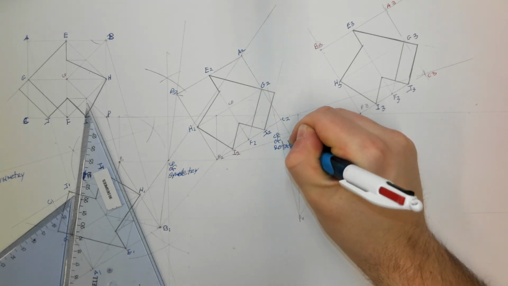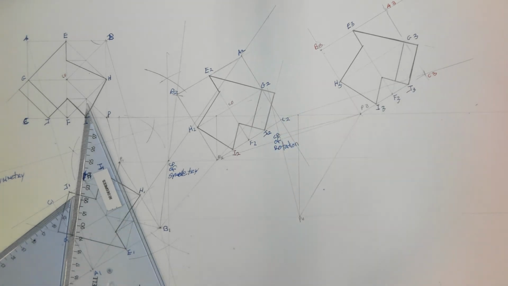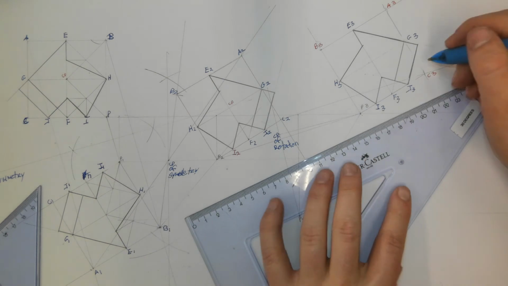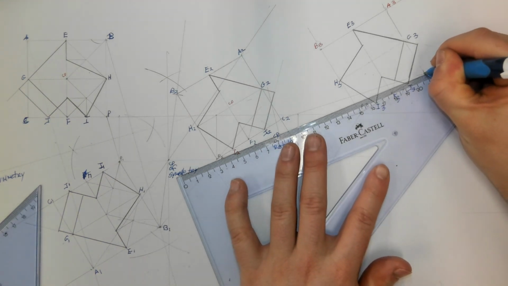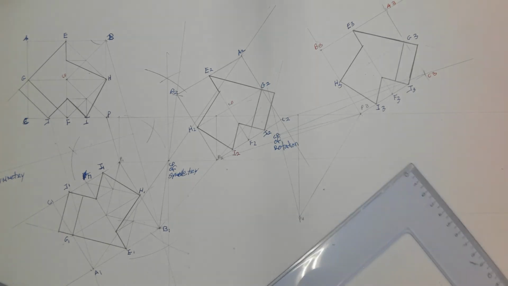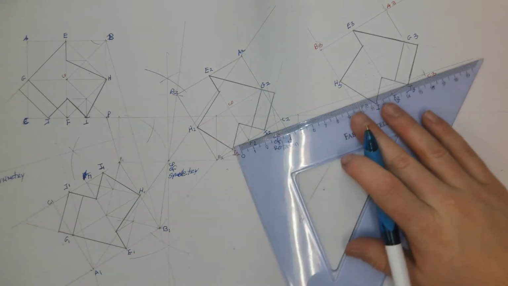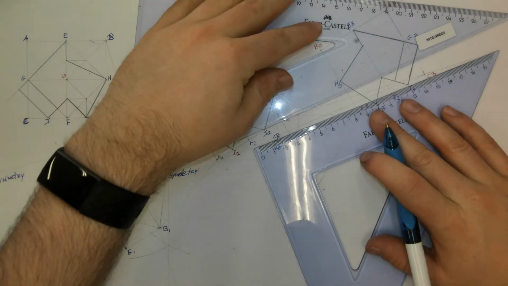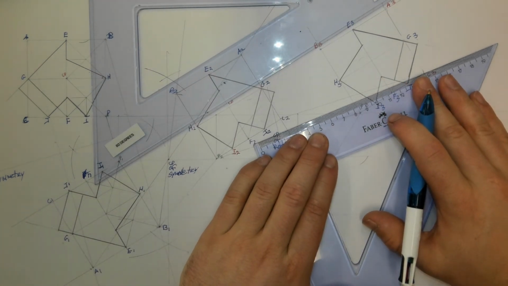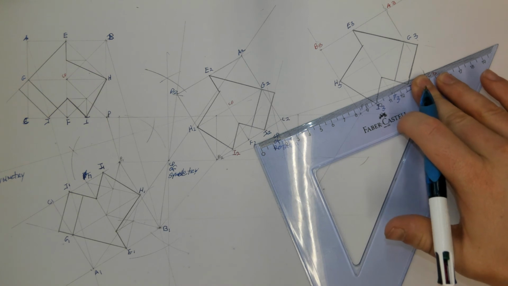Now, as we know, I only need to do a set number of points. Now I'm going to do this in green pen to make this easier to see. So I'll do C3. I'm going to join C3 to the center point of rotation, and I'm going to measure an angle of 90 degrees to that center point of rotation. You can do this with your protractor.